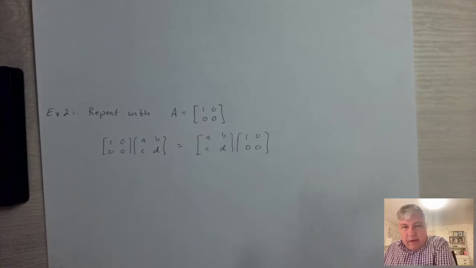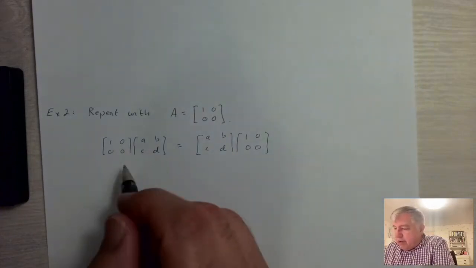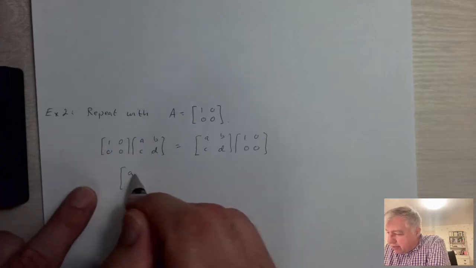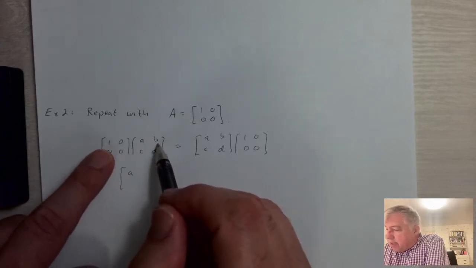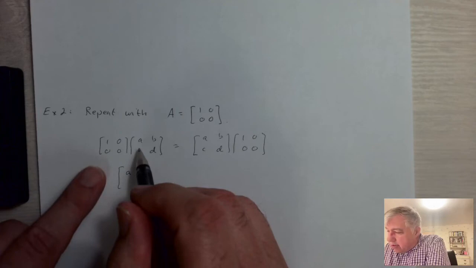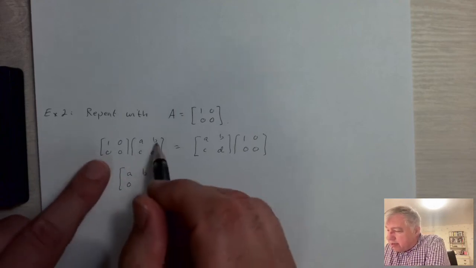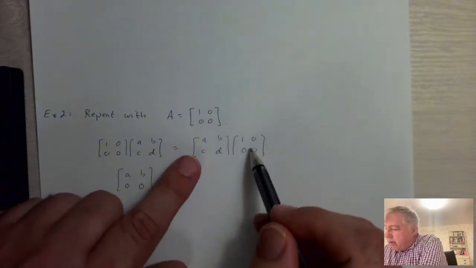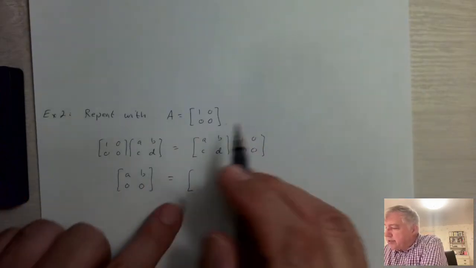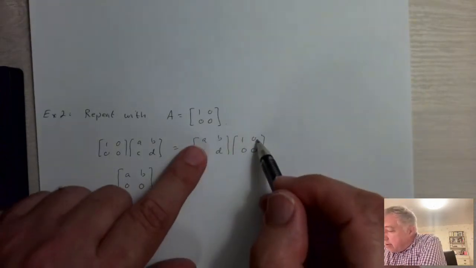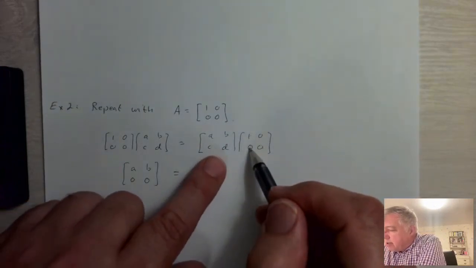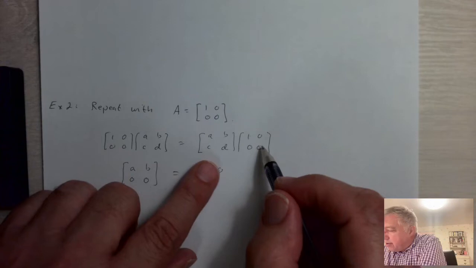If we multiply this out on each side, this is A plus 0, B plus 0, 0 plus 0, and 0 plus 0. Whereas over here, we have A plus 0, 0 plus 0, C plus 0, and 0 plus 0.